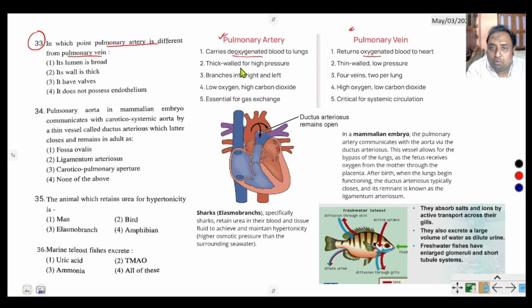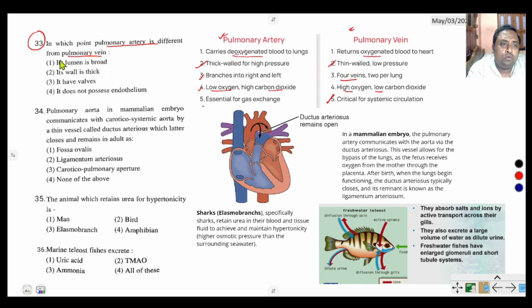The pulmonary artery is thick walled for high pressure, but the pulmonary vein is thin walled, low pressure. The pulmonary artery branches into right and left, but the pulmonary vein has 4 veins, 2 per lung. In the pulmonary artery the blood is low oxygen, high carbon dioxide, that is deoxygenated blood, but in the pulmonary vein it is high oxygen, low carbon dioxide, essential for gas exchange and critical for systemic circulation.